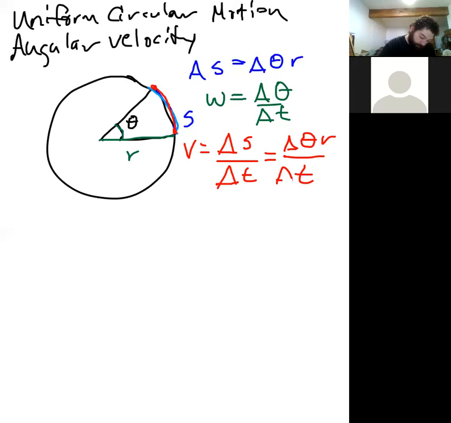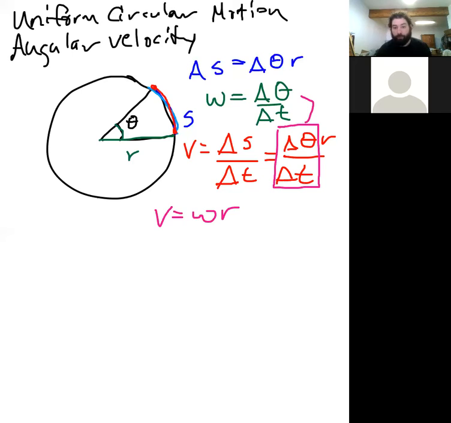So then that means V is equal to omega times R.